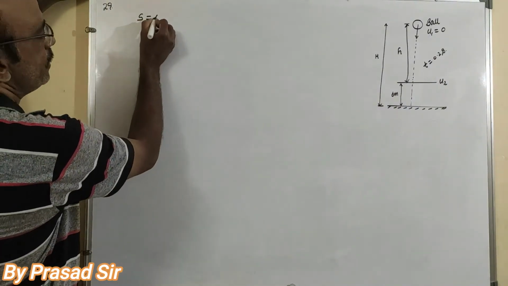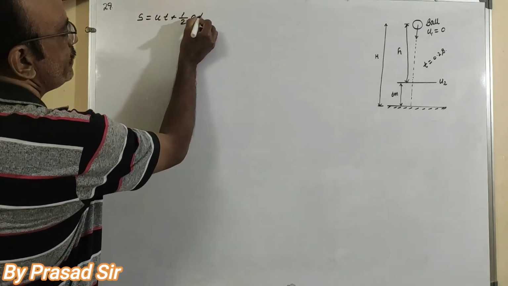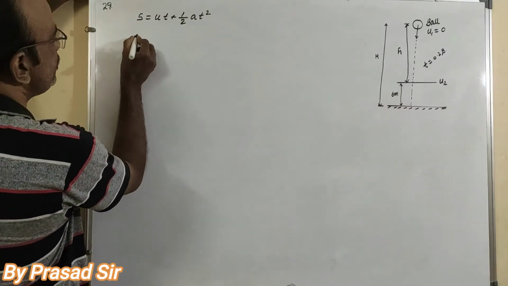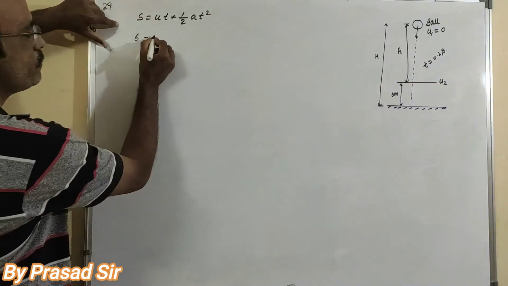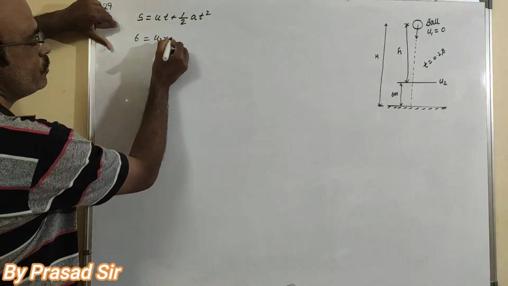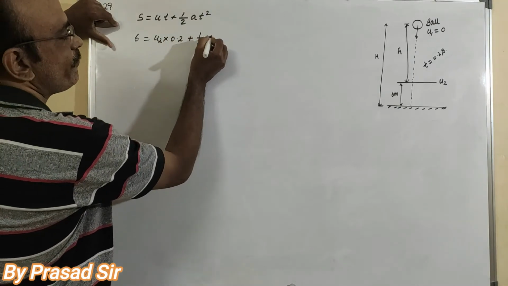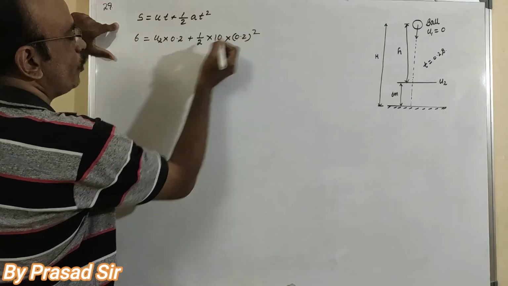S is equal to ut plus half a t square. Here S, that is distance, 6. Here this velocity is nothing but u2, into 0.2 seconds plus half into 10 into 0.2 whole square.